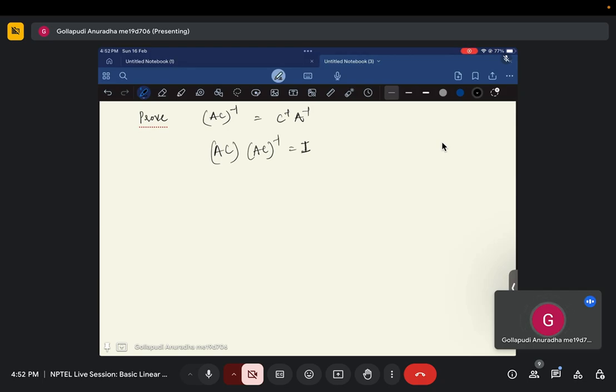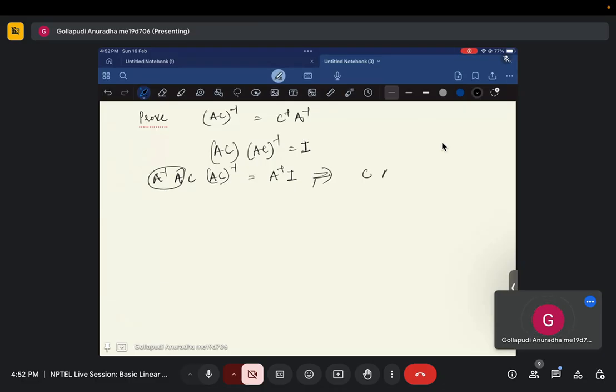If I multiply A inverse on this side, then A inverse here gives the identity matrix. Now I multiply C on the left-hand side, and this also is the identity matrix.